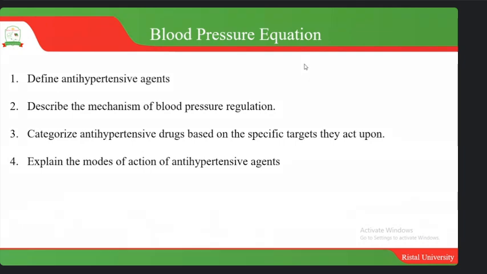So we need to understand that the different types of antihypertensives have different areas in which they act or cause their effect. Then also we have to explain the modes of action of antihypertensive agents. How do they act? In which way do they try to cause an impact in order to lower the blood pressure?